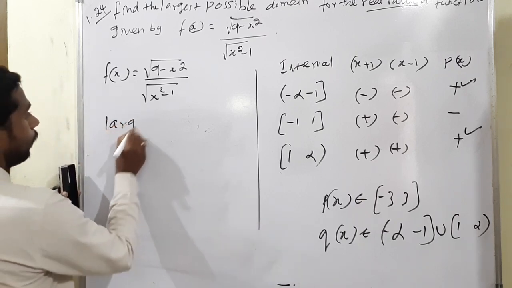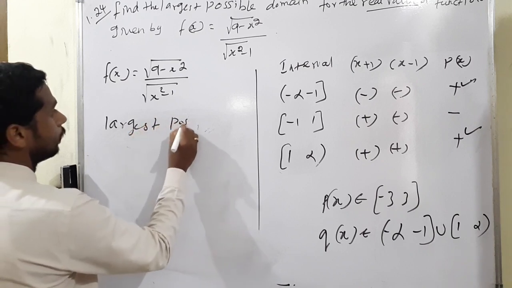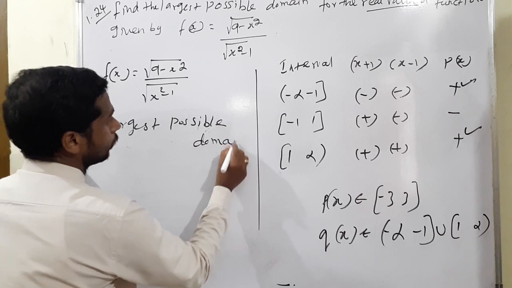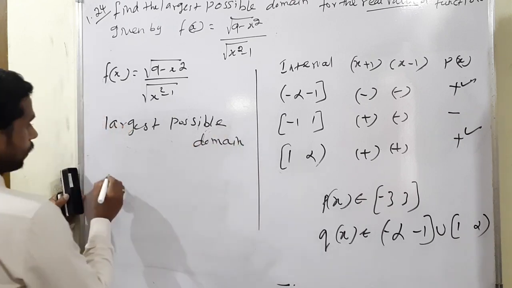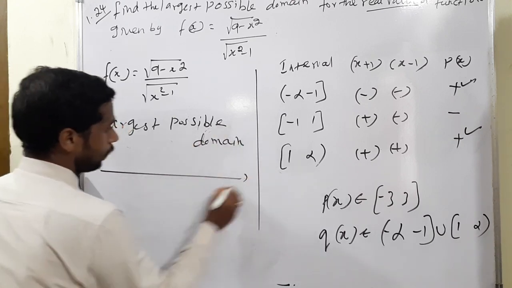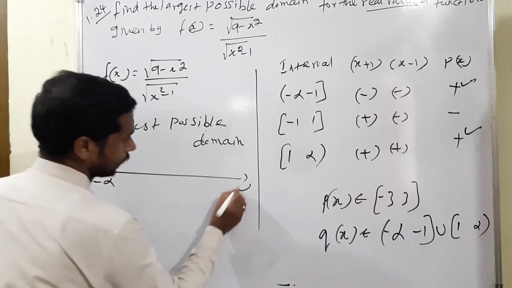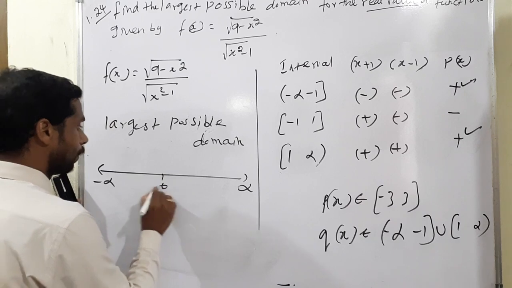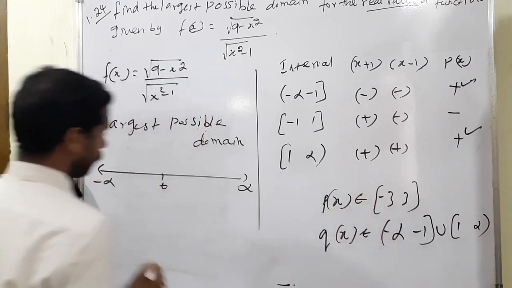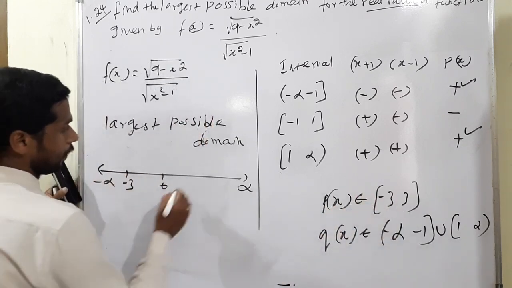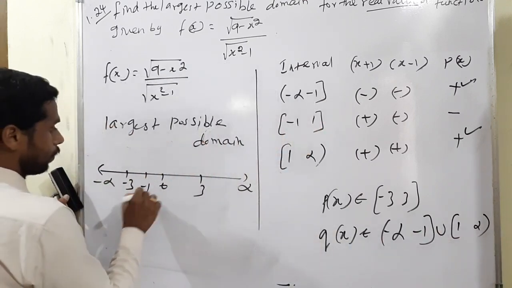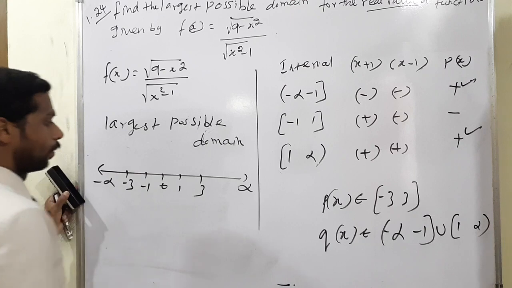Largest possible domain. Again on the bigger number line, minus infinity to positive infinity. We have one result in between, 0 is there, minus 3 and positive 3 are also there, and at the same time minus 1 and positive 1 are also there.